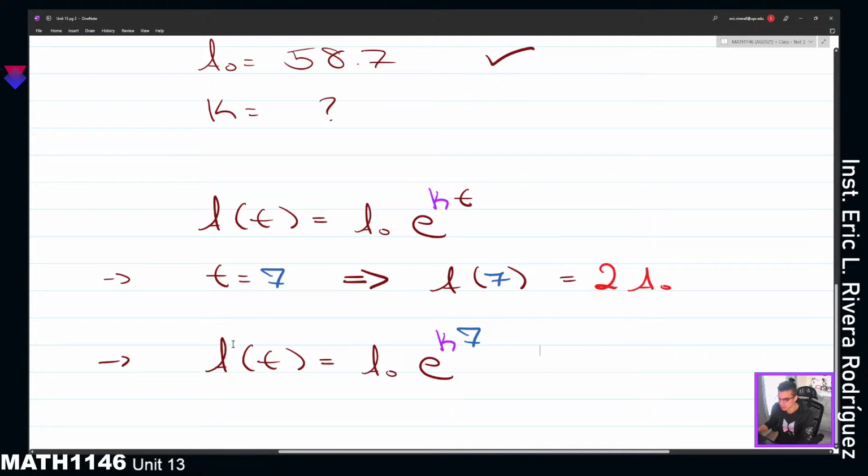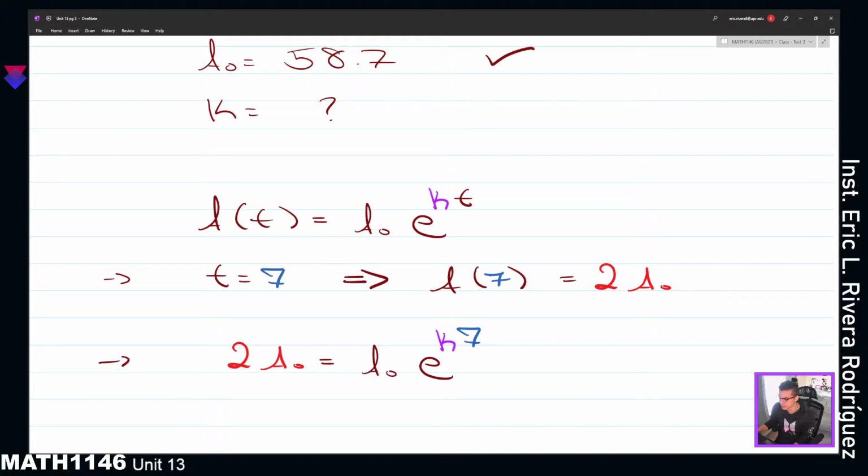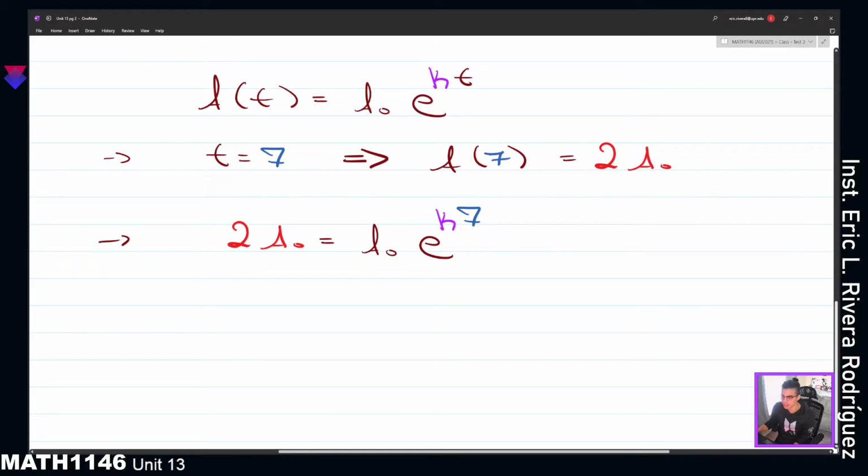And because t is 7, the amount of substance that we are going to have when t is equal 7 will be the double of the initial amount. So the left side now is going to be changed by 2 times a sub 0. Does it make sense? Any question on what I just did here?